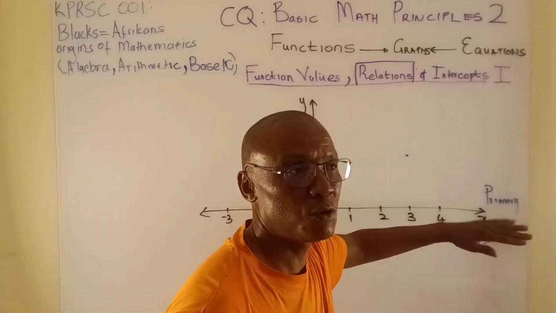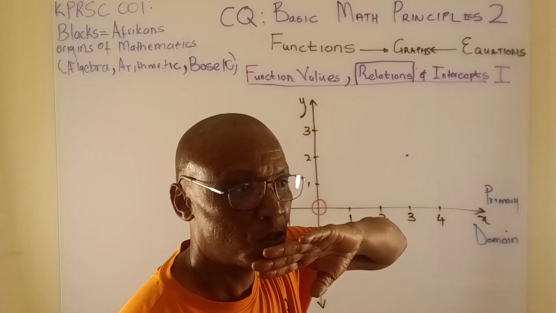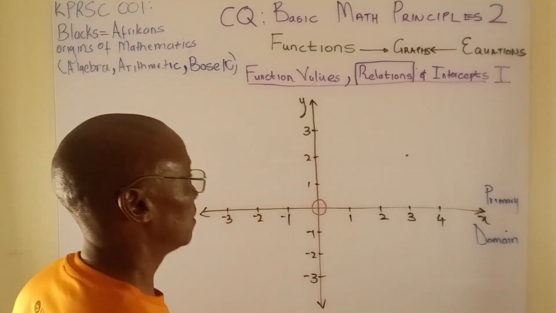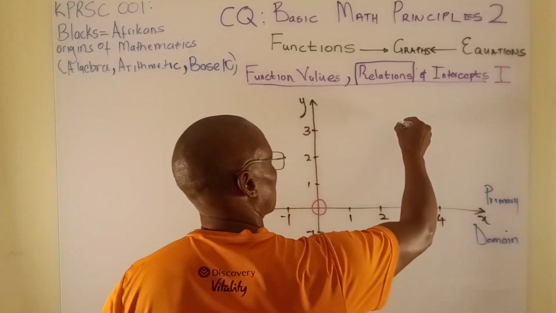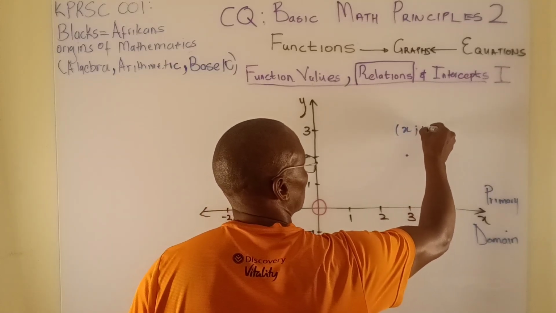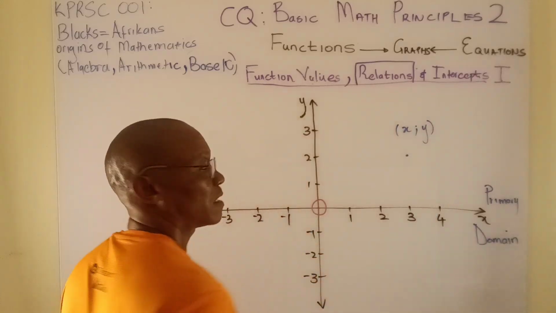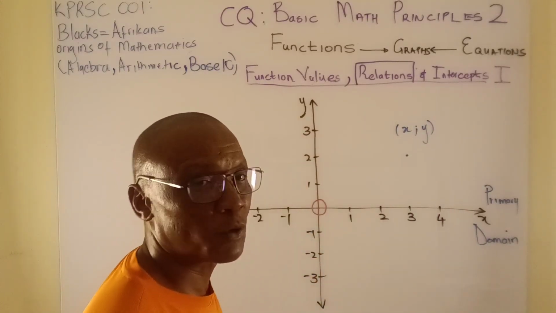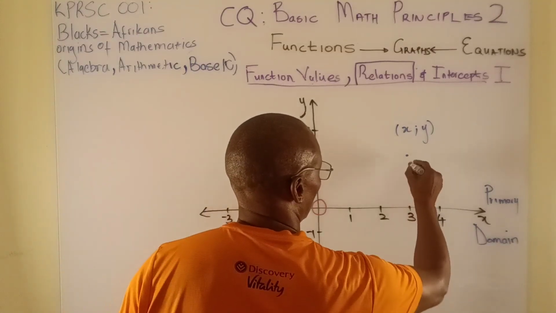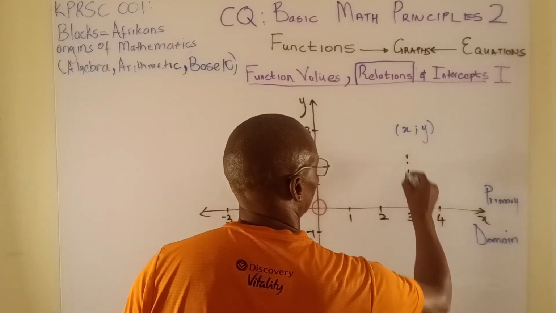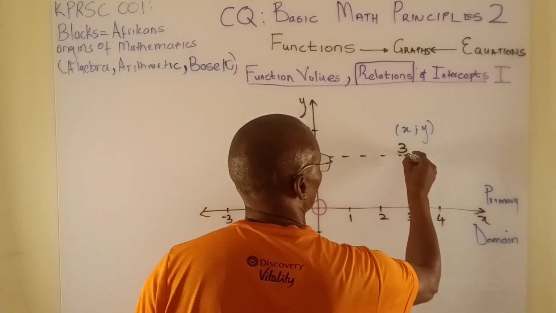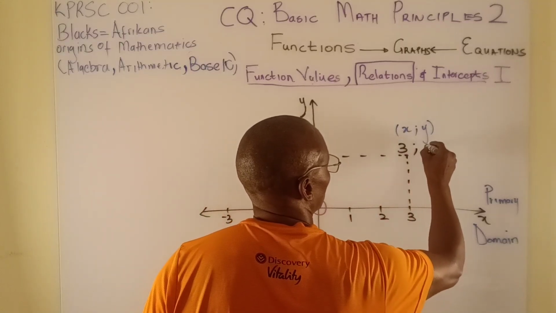But primarily, I use the term to keep reminding you that it's a starting point, meaning a coordinate of this object can be given in terms of the x value and the y value. That's the syntax. That's how we write it. So with this point, the x value is 3, and the y value is 2.